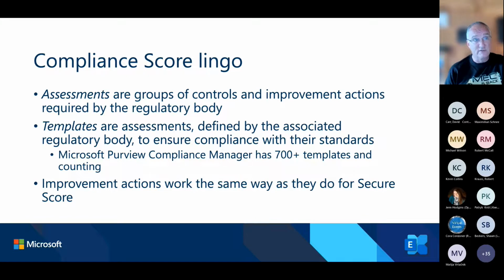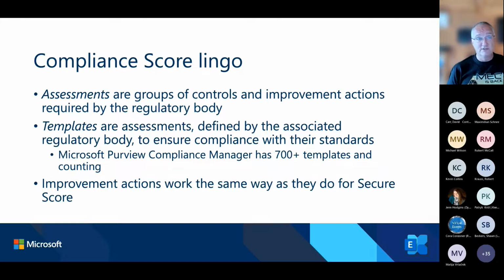So some of these are for regulations that you will recognize. Others of them are regulations that are very technical and related to a particular vertical or a particular geography. And some of them are sort of just general good practices. So improvement actions work the same way here, but the improvement actions that you see are going to be defined by the assessments and templates that you're choosing to be evaluated against.